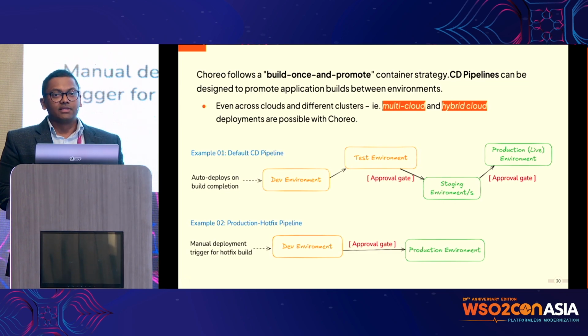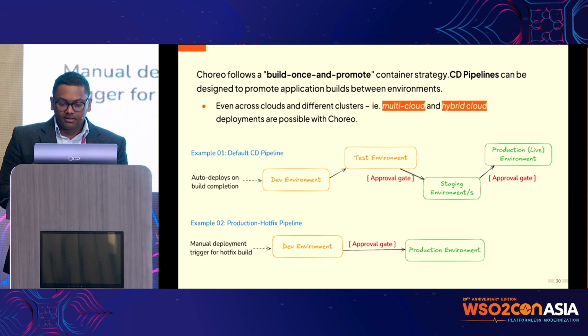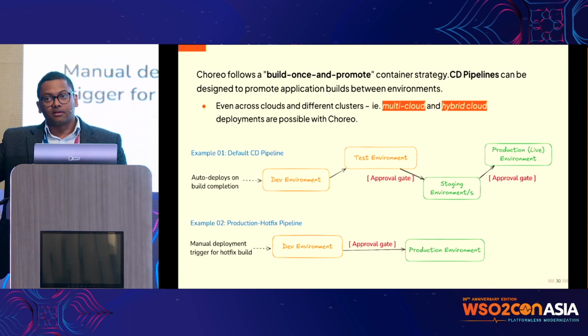So if you've noticed in the previous labs, Choreo does a build once and promote strategy, right? We build your artifact, your container image once, and then we promote it across the different environments. Now the cool thing here is that your environments can be in different clusters, different data planes. In fact, they can be in different types of data planes.